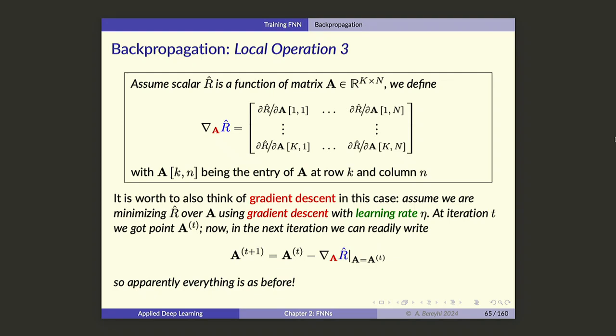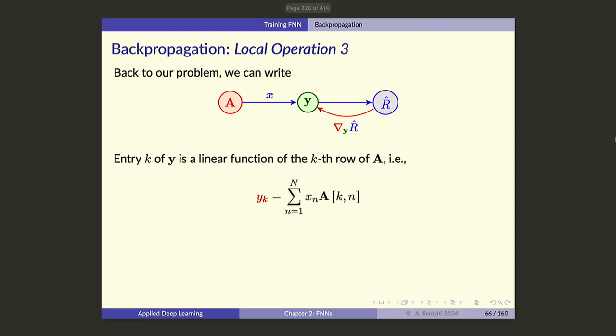So everything is like before, just instead of a one-dimensional array, I'm writing it down in a two-dimensional array. Clear? And now, if you write down one particular output of y in terms of x and entries of A, you're going to write it down like this. This is basically the expression that I told you here.